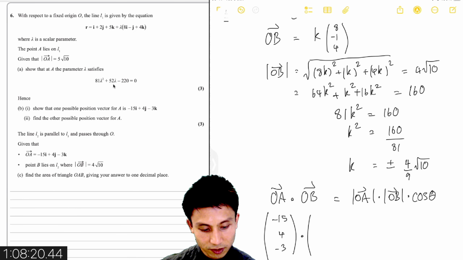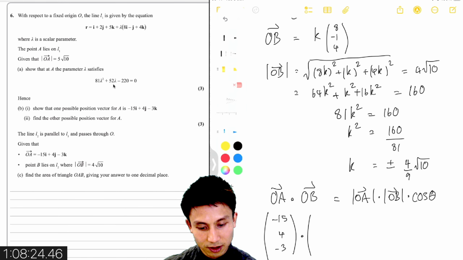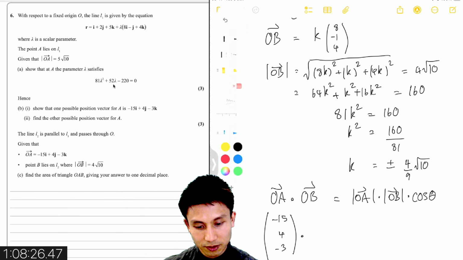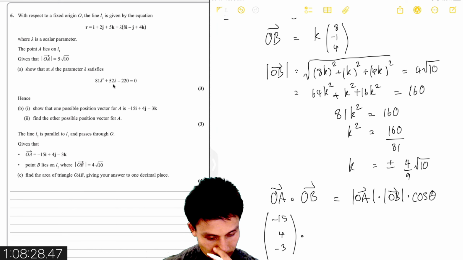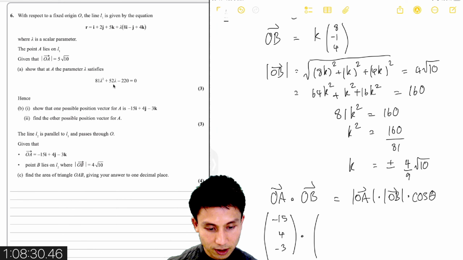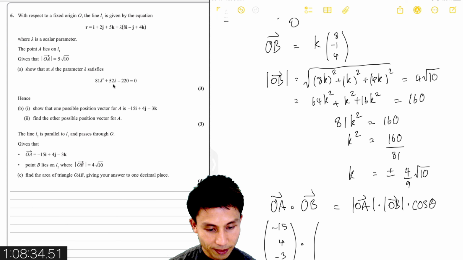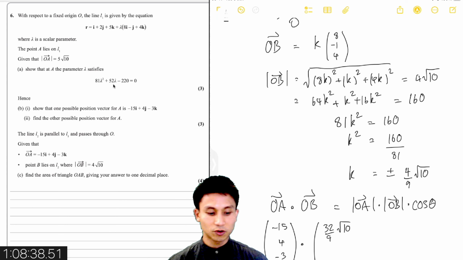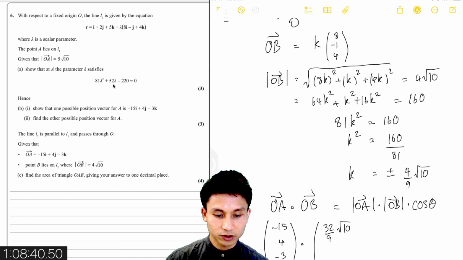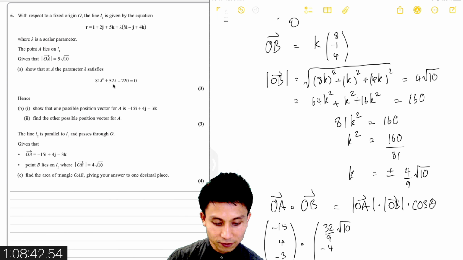So let me just delete this. 4/9 root 10 times 8 is 32 over 9 root 10 for the x component. 4 over 9 root 10 times -1 is going to give minus 4 over 9 root 10.